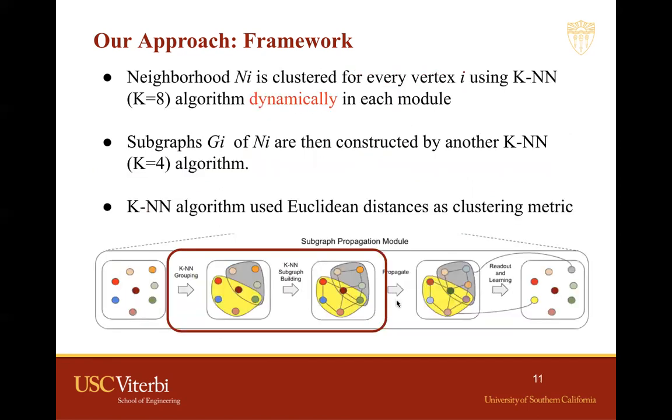For neighborhood and subgraph construction, we first use a k-nearest neighbor algorithm with k equals 8 to find the closest nodes of each vertex. And inside this neighborhood, we then apply a smaller KNN with k equals 4 to construct different subgraphs for feature propagation. The neighborhoods and the subgraphs are constructed differently in each geometrical encoder. This dynamic construction of the graphs gathers the nodes with similar features together and enhances the node's features by further propagation.